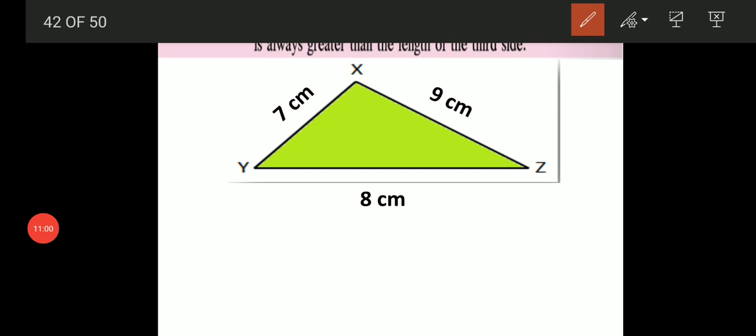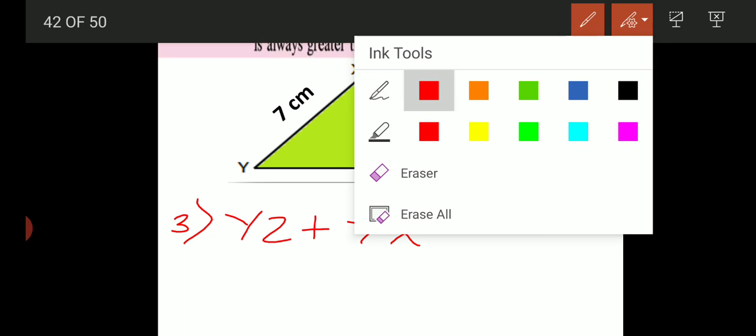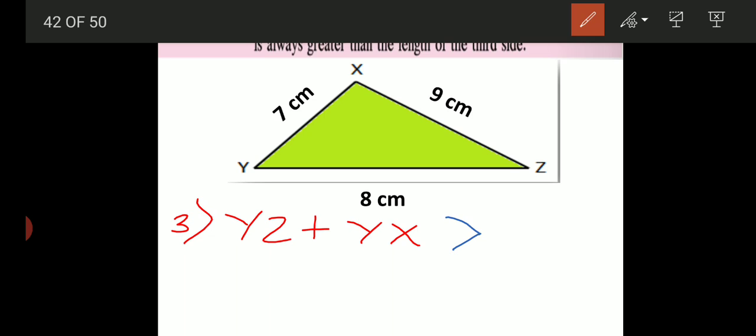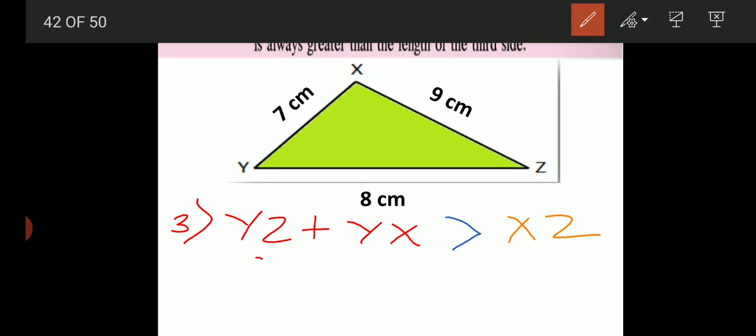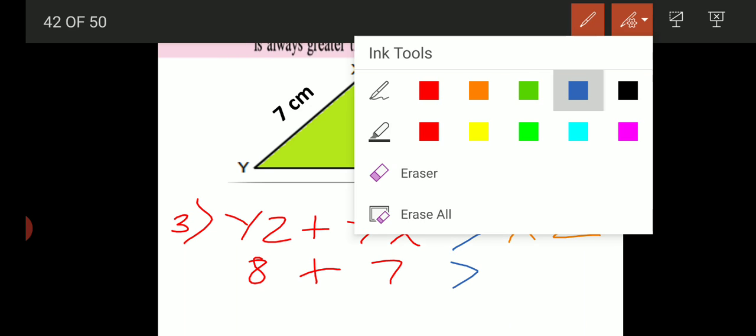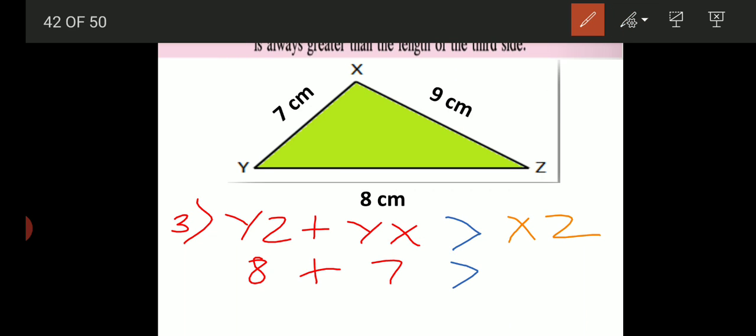Now in this third pairing, I take the side YZ plus YX, which is greater than X and Z. So here again we will write down values. YZ is 8 plus YX is 7, which should be greater than XZ, which is 9.